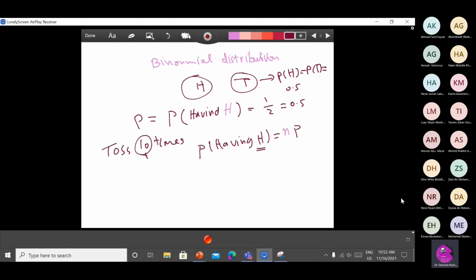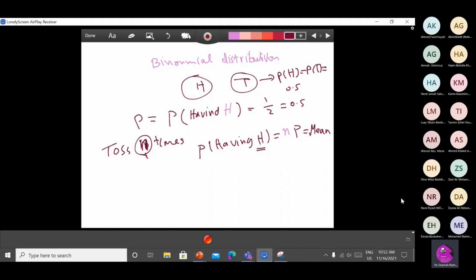So yeah, NP. This NP, the probability of having head when I toss it n times, will be the mean. I call it the mean.